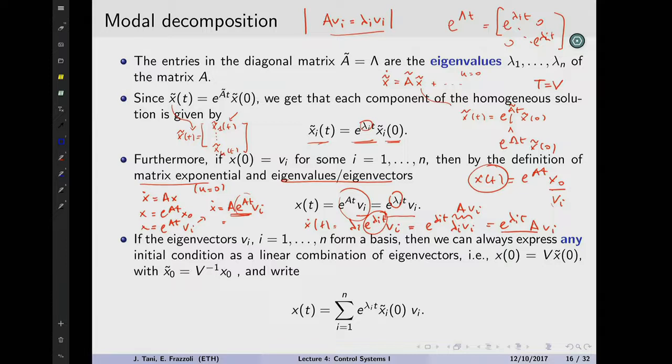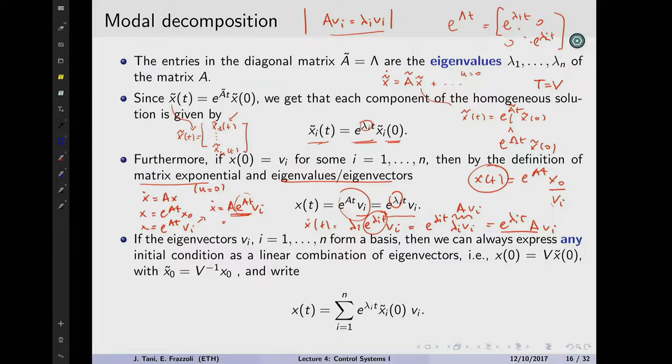If we have n eigenvectors, because they're the same number as the dimension of the system, and they are linearly independent, this means that anything that belongs to our n-dimensional space can be represented as a weighted sum of these components, right? For example, any initial condition can now be broken down into components on the basis represented by the eigenvectors.